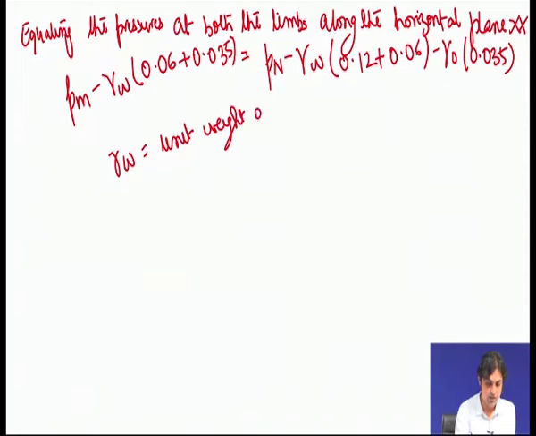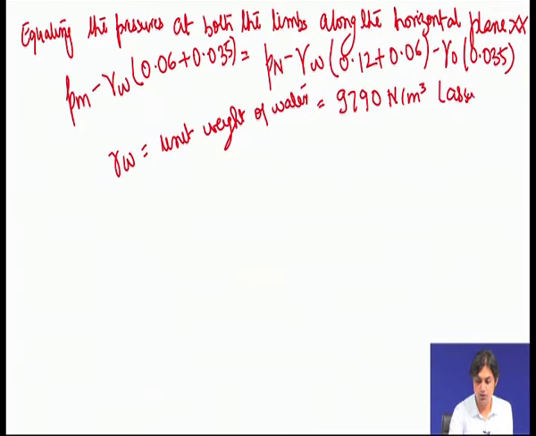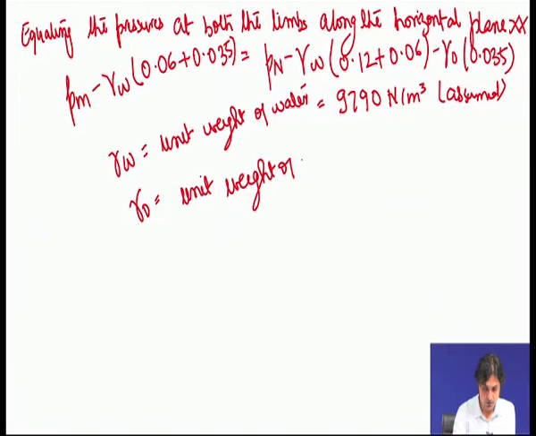So here gamma W is the unit weight of water, which is equal to 9790 Newton per meter cube, and this value has been assumed, okay, because this is a standard value. What is gamma naught? It is the unit weight of oil. What is it going to be? Any guesses?